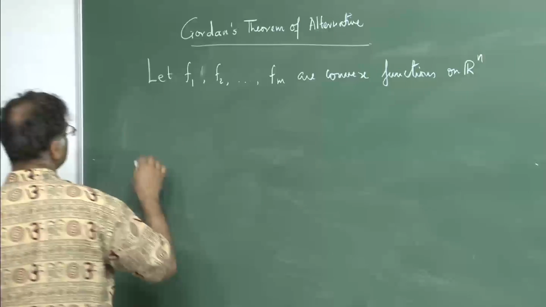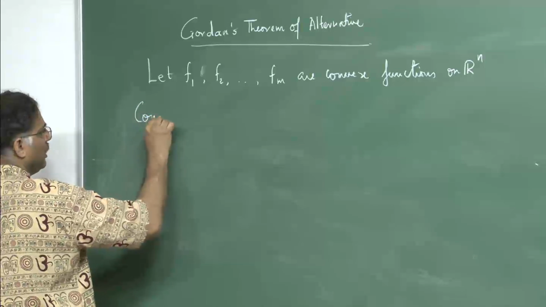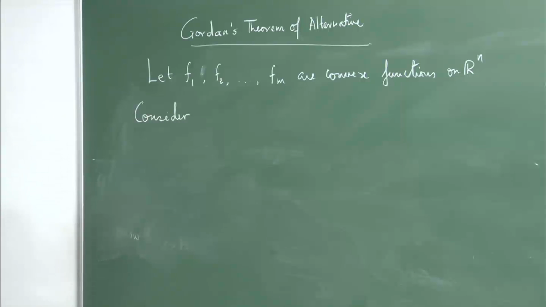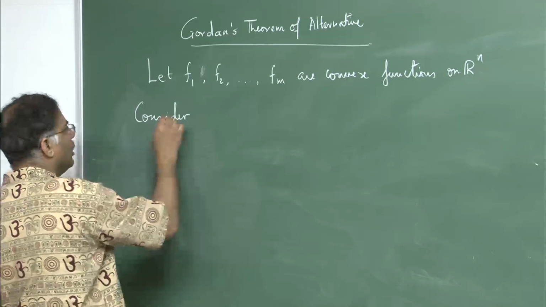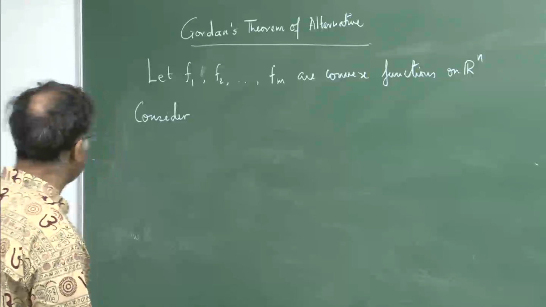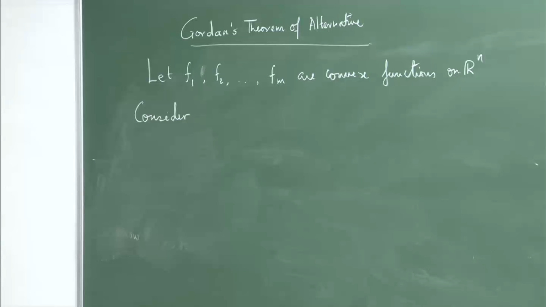Consider the system. We have studied a bit about convex sets and convex functions very early on. So, we will just try to recall that, see how much we have done, and recall the basic notions of convex sets and convex functions, and that would help you in understanding this.